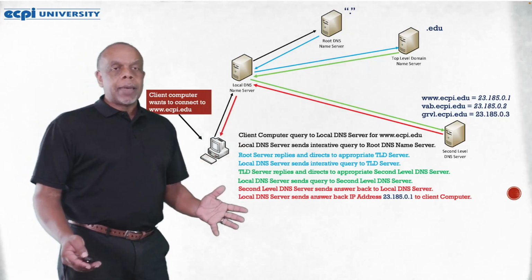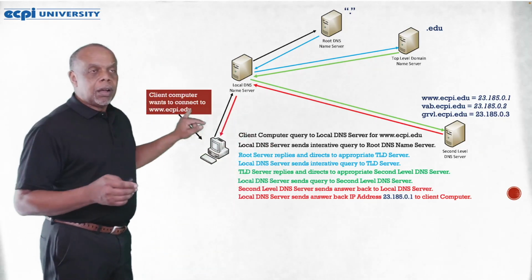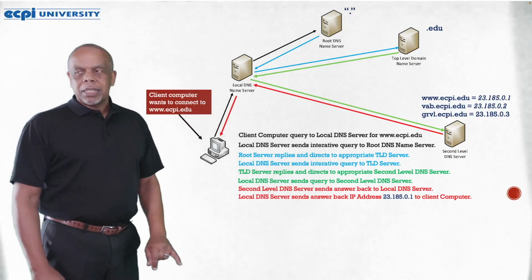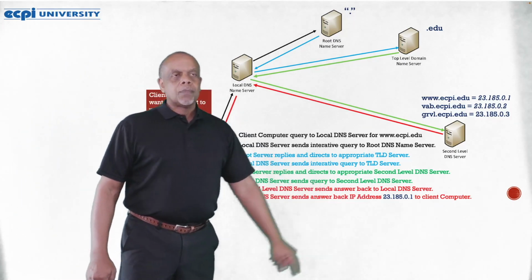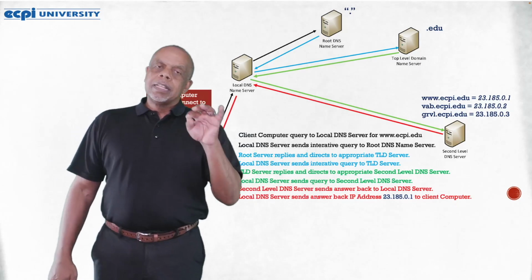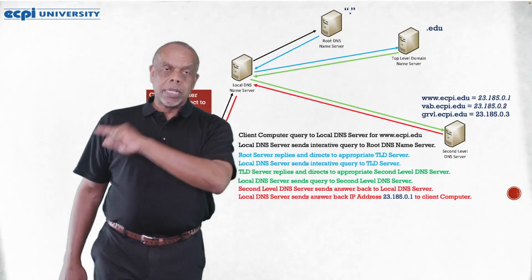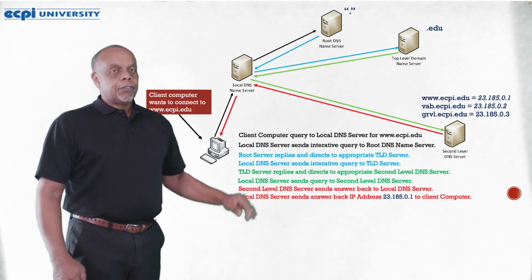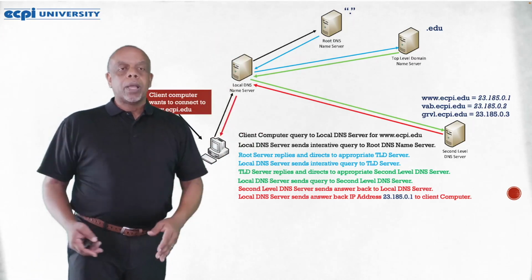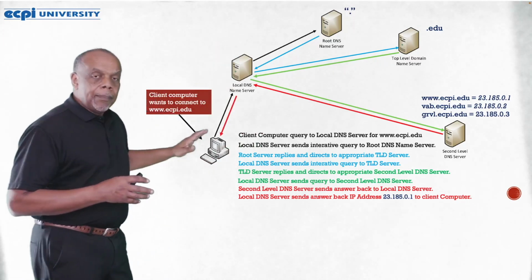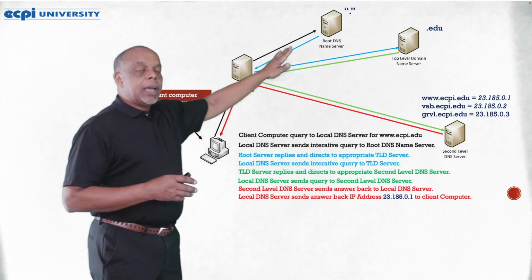Now my computer's happy. It says, I have resolved www.ecpi.edu to IP address 23.185.0.1. And then from there, it goes out and now I can get to the website. So you see how many handshakes happen every time.